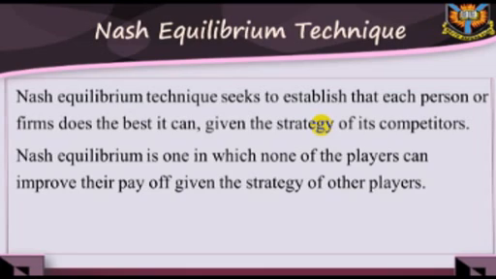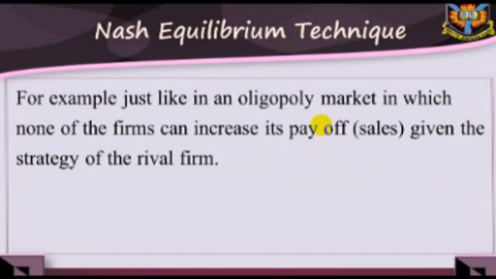Nash equilibrium is one in which none of the players can improve their payoff given the strategy of other players. For example, just like in an oligopoly market in which none of the firms can increase its payoff given the strategy of the rival firm.